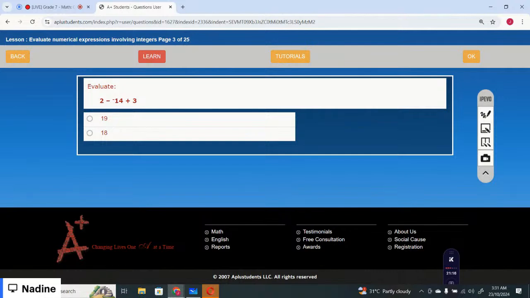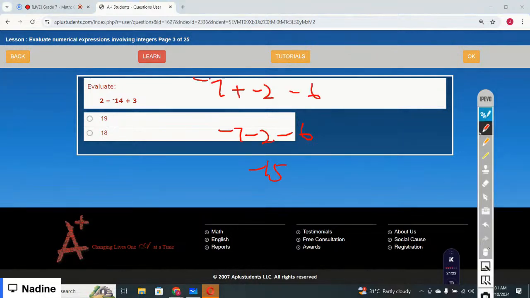Okay, 2 minus -14 plus 3. So subtracting a negative integer is same as adding. That would be 2 plus 14 plus 3. So you need to add them.